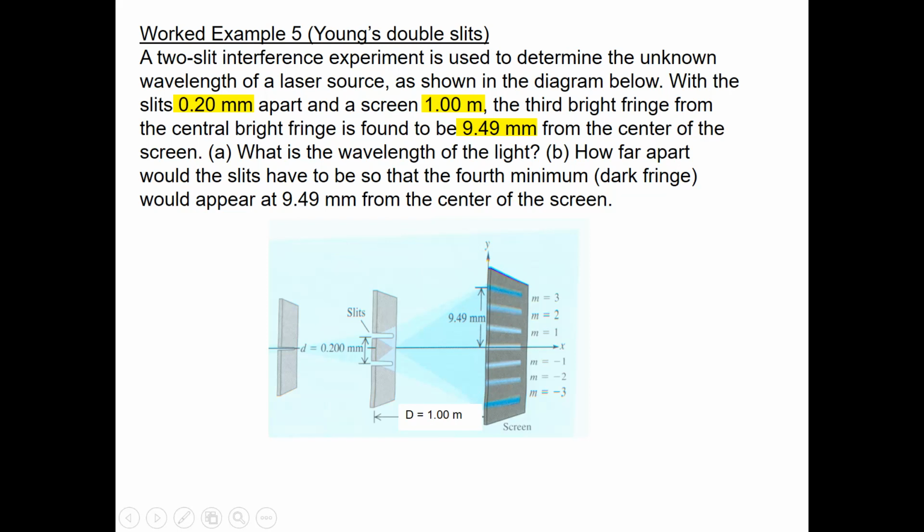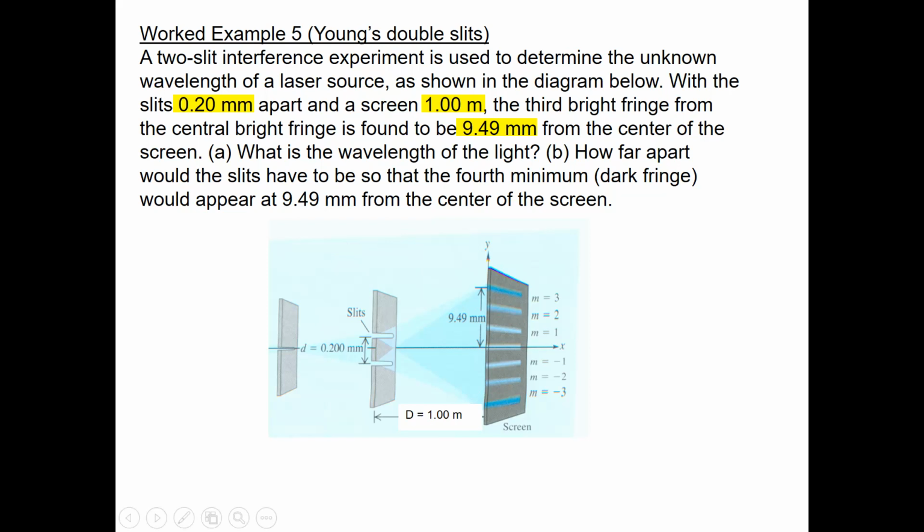What is the wavelength of the light? And how far would the slits have to be so that the fourth minimum, the dark fringe, appears at 9.49 mm? For part A, you have the small d, the big D, the y3, and you know n equals 3. From there, you can use the slit separation equation to find the wavelength.